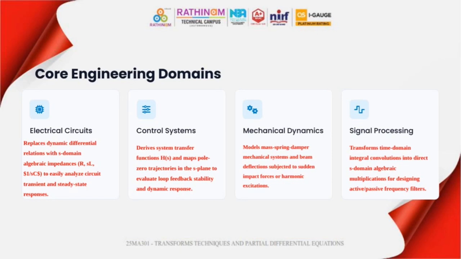Control systems focus on transfer functions and pole zero plots to ensure stability and predict system behavior. Finally, electrical circuits leverage S-domain impedances to simplify transient and steady-state analysis. Together, these domains form the backbone of modern engineering design.